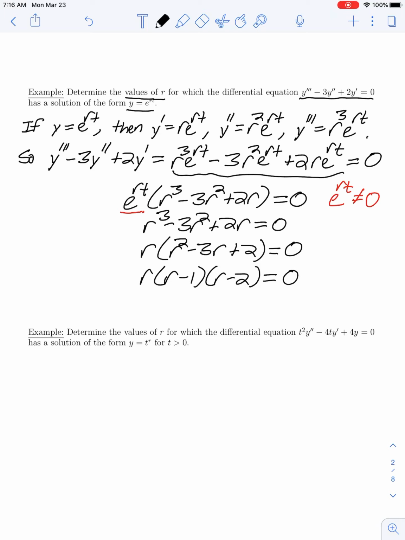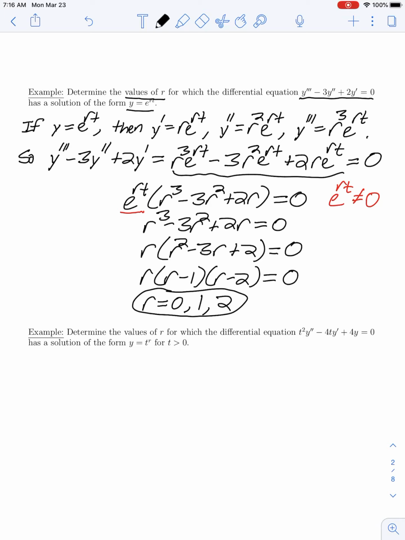So in order for the product of these three factors to be 0, one factor must be 0. So one of our options would be to have r equal to 0. Another option is r equals 1 to make our middle factor 0, or r equals 2 to make that third factor 0. So these are the three values of r such that our solution would be of the form e to the rt.